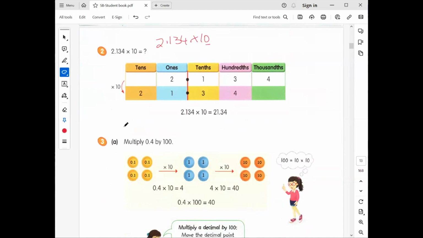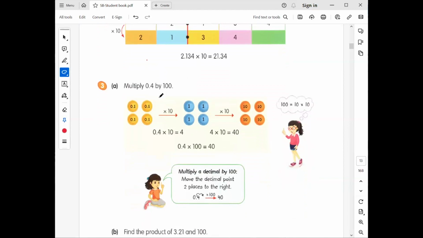Is it going to come after 1 or after 3 or after 4? Yeah, Olivia, it is going to come right here. Right? So when this comes here, this will turn into 21.34. Right? Okay.